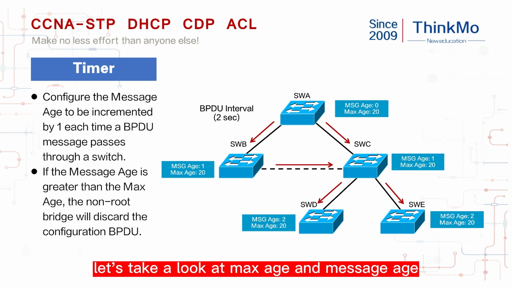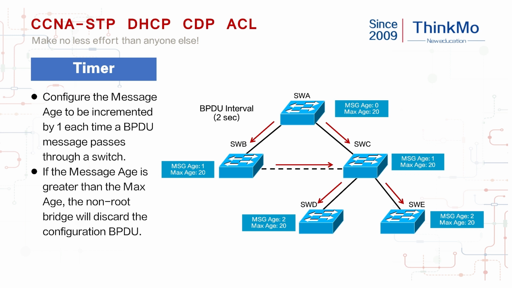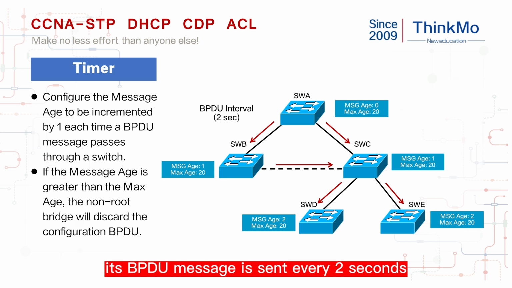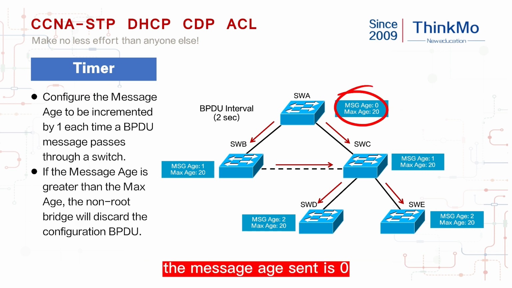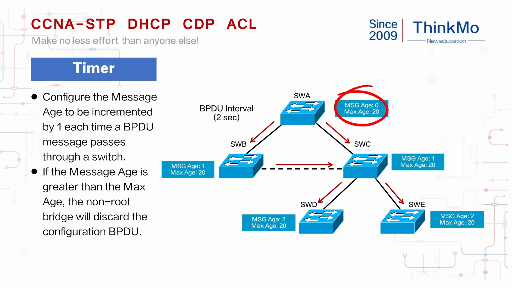Let's take a look at max age and message age. Now as the root, its BPDU message is sent every 2 seconds, and the message age sent is 0. Max age is 20.